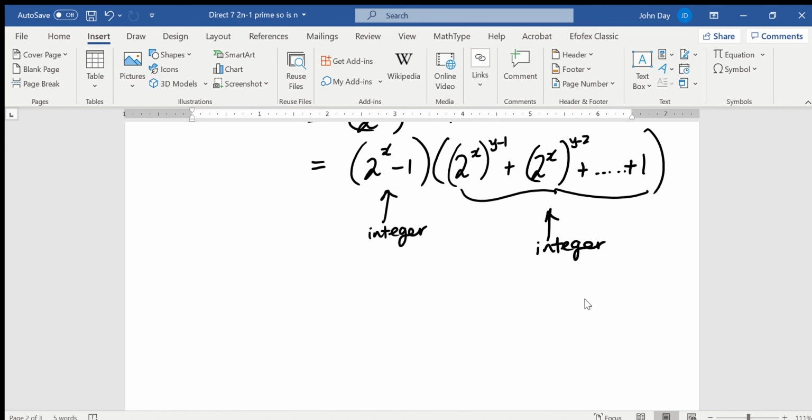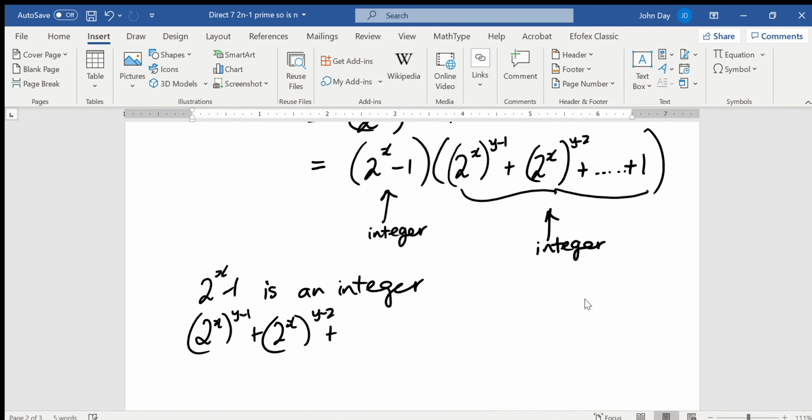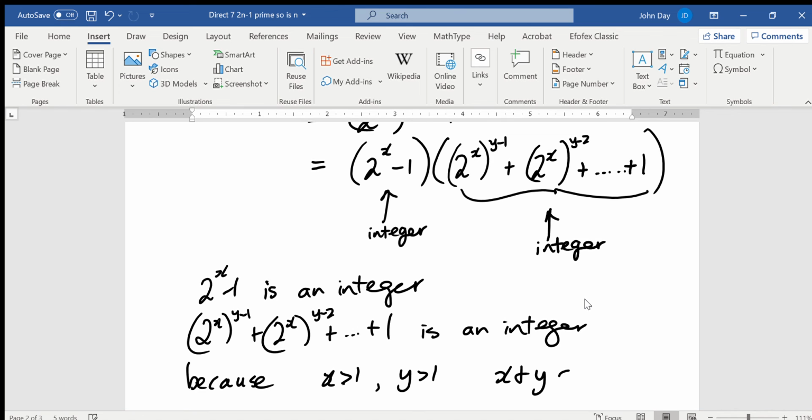So we've got an integer multiplied by an integer, and the reason they're both integers is, like, 2 to the x minus 1 is an integer, and 2 to the x, to the y minus 1, plus 2 to the x, to the y minus 2, and so on, plus 1 is an integer, because x is bigger than 1, y is bigger than 1, and x and y are integers. So it makes those be integers.